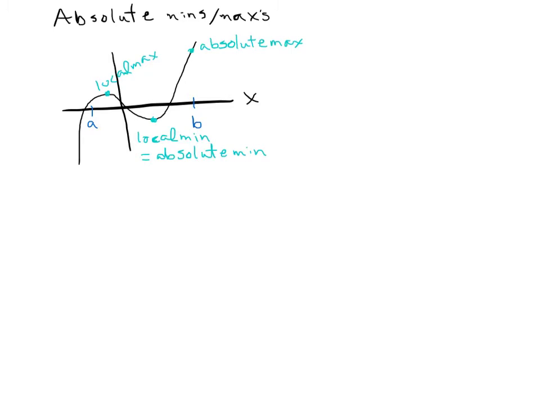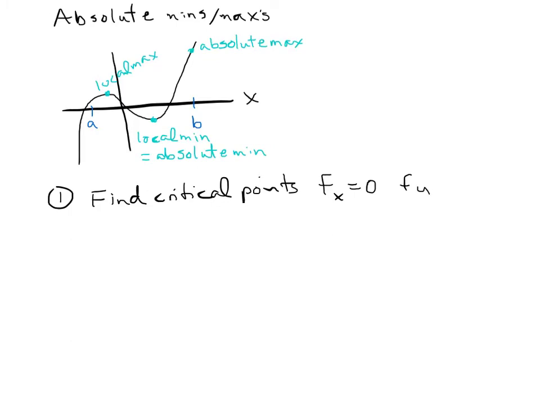All right, so let me give you a list of steps so that you can find absolute maxes and mins. The first thing that you want to do is find the critical points. And remember, you do this by setting the partial with respect to x equal to 0, the partial with respect to y equal to 0, and then you get these x, y values that are the critical points.